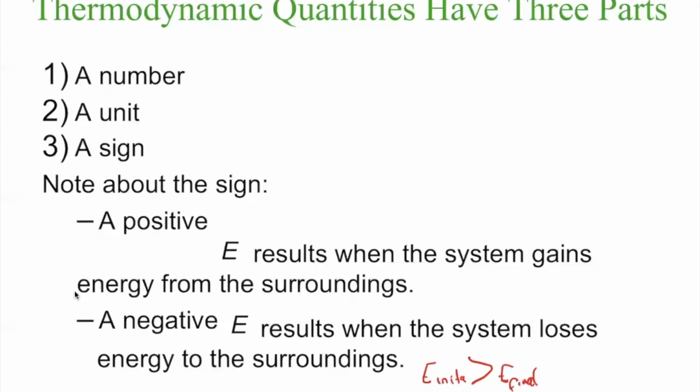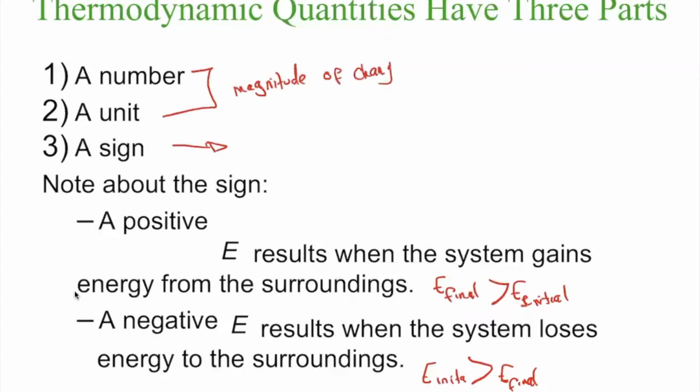And a positive E will be when E final has more energy than your E initial. So those are going to be these two, the number and the unit is going to tell you the magnitude of the change. The third part, the sign, is going to tell you the direction.